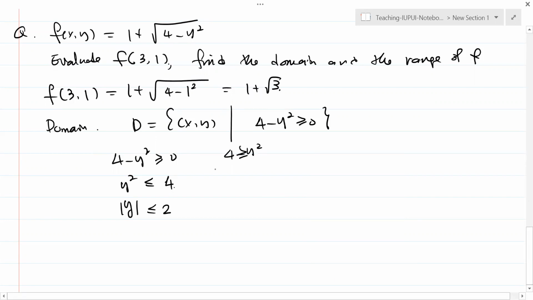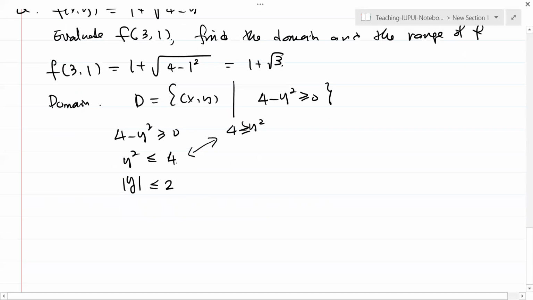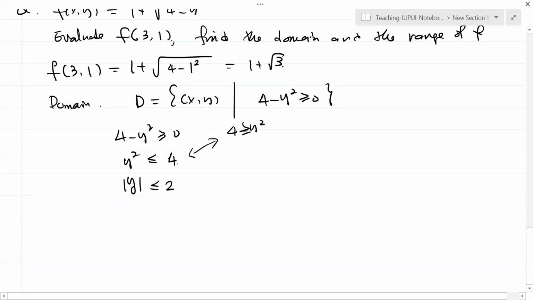That's why I switched it. These two are equivalent. So we usually put the variables on the left and the numbers on the right. That's the traditional way to express an inequality.